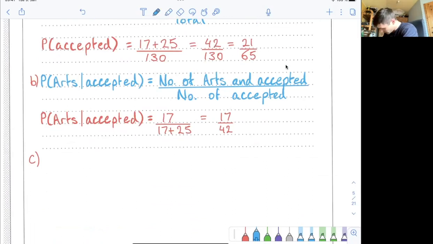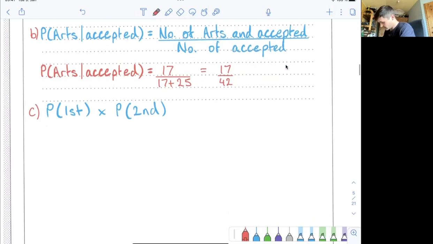Okay, so we're finding the probability that our first randomly chosen applicant applied to the arts program, and we're going to have to multiply this by the probability that the second randomly chosen applicant also applied to the arts program. So as we said before, we can do our first bit here. That was going to be 17 plus 24 over 130.